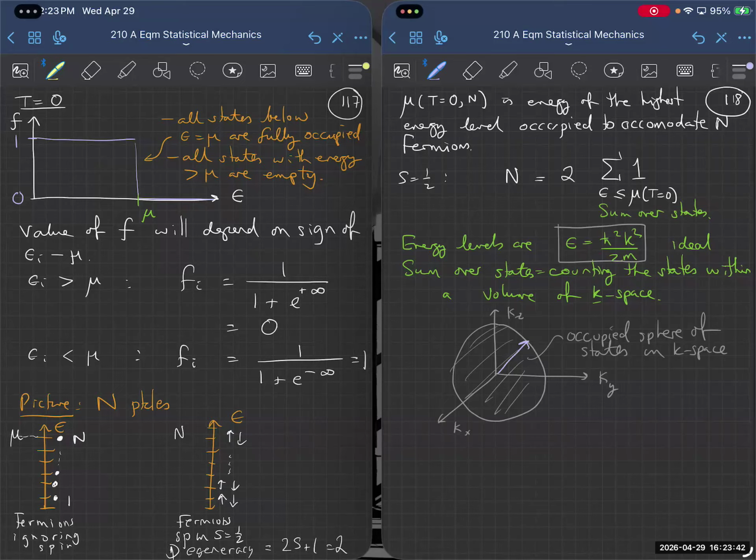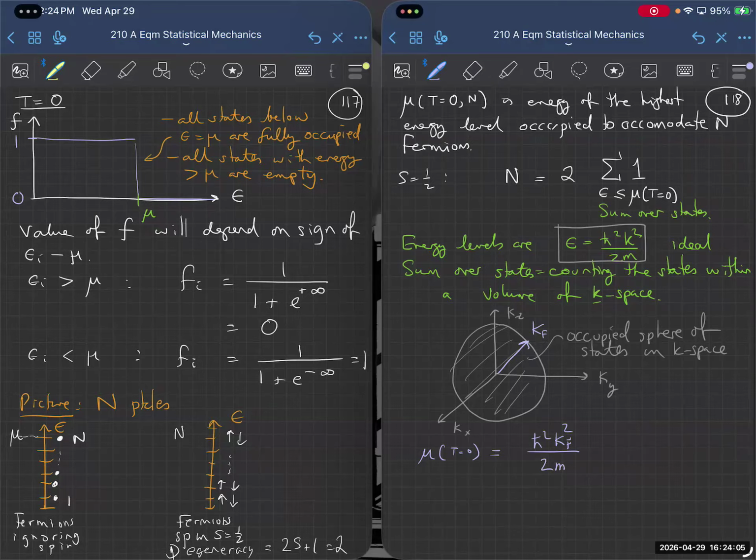So that radius is going to be what I'll call k_F, like so. And then we can say that the chemical potential of the highest occupied state is h bar squared k_F squared over 2m.